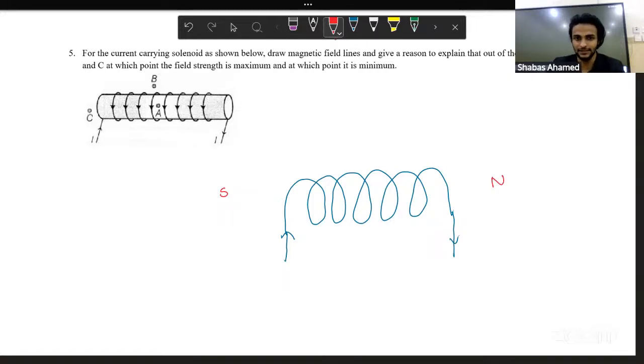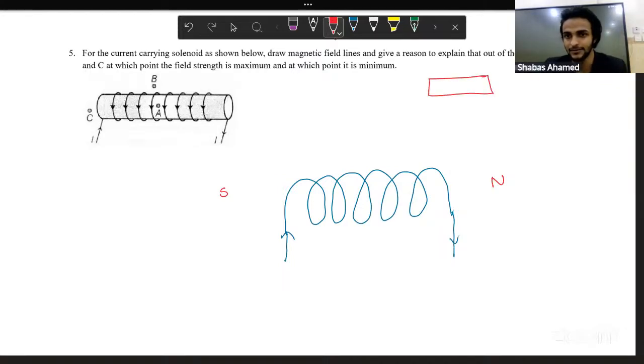Just keep that in mind. And the magnetic field lines are very easy in the case of a solenoid. The magnetic field lines around a solenoid are equal to the magnetic field lines around a bar magnet. You know how to draw the magnetic field lines around a bar magnet, right?